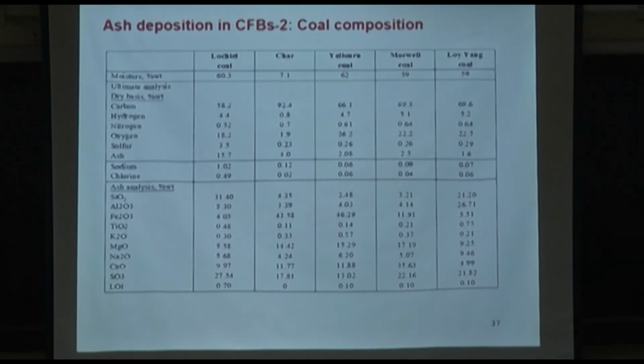Now, this was made from this coal. That's why the iron contents in the ash analysis are similar.